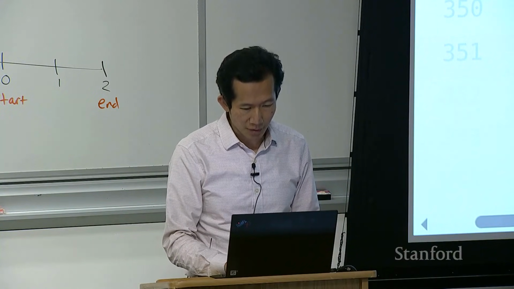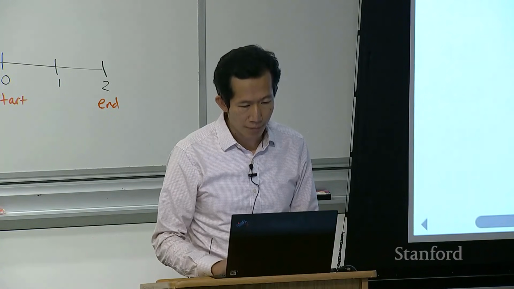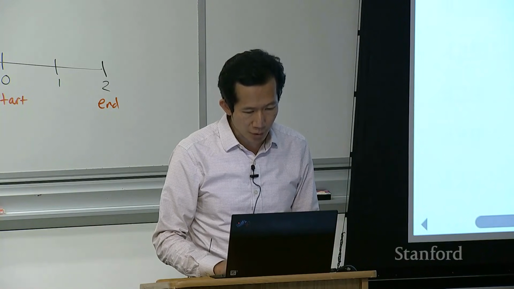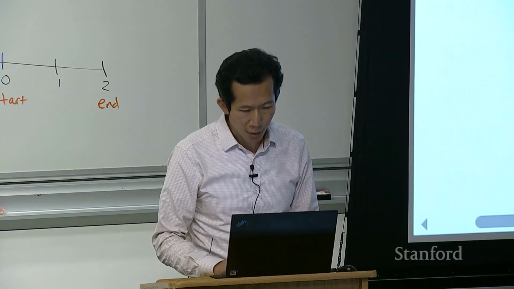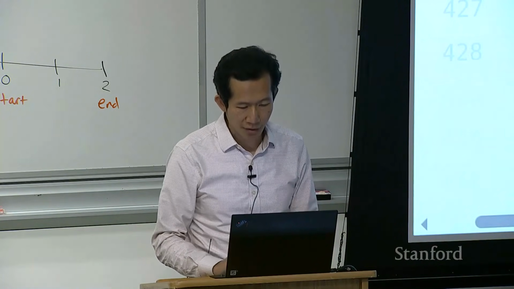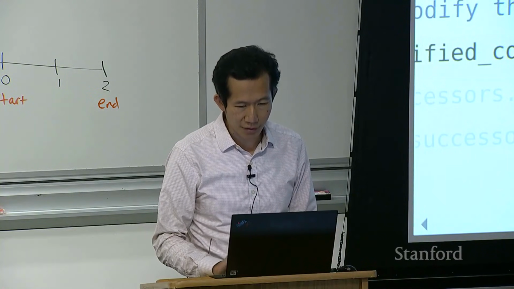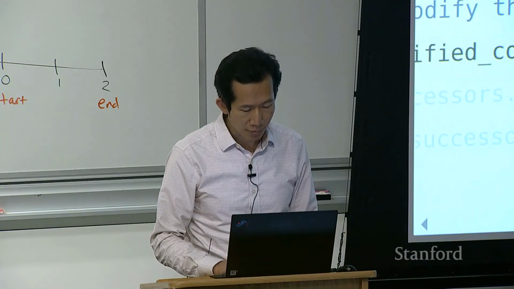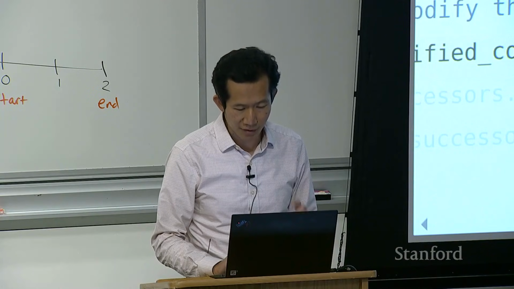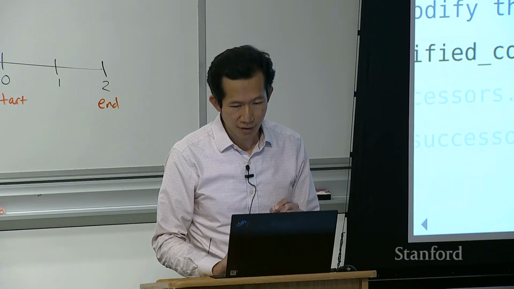So what are the successors now? From the original problem, I look at each successor, and I'm going to modify the cost. The modified cost is the successor cost plus the heuristic at the successor state minus the heuristic at the current state.